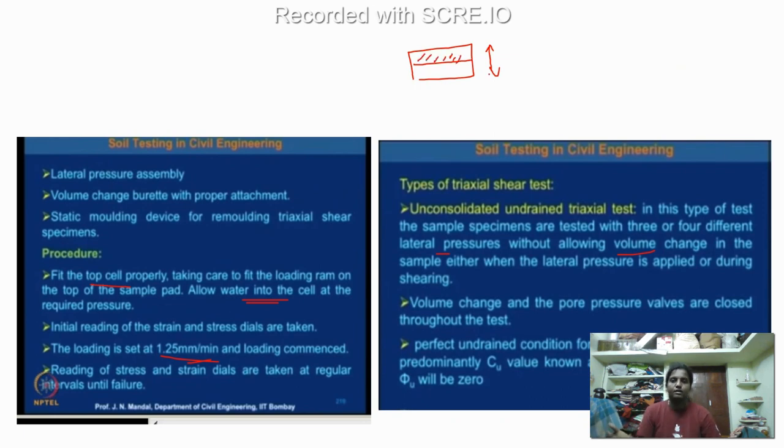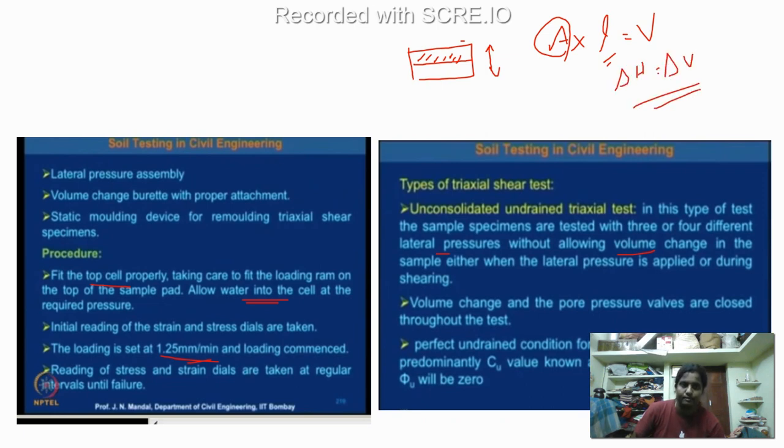Generally we keep the area constant, where area into length is your volume, correct? The diameter is going to be constant. So what is changing? Only your height, the length of the sample, is changing. That we call delta H. We relate it to the delta V, the volume change. That's why we call that volume change.